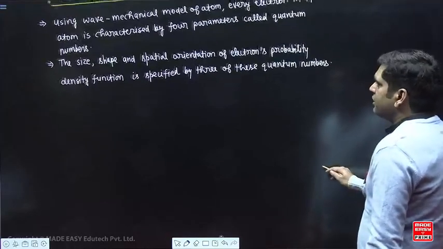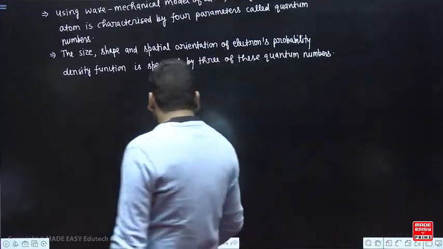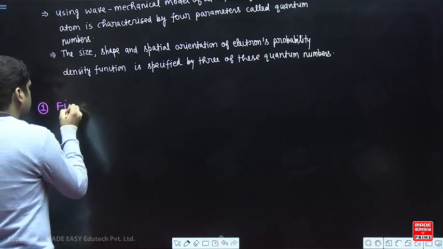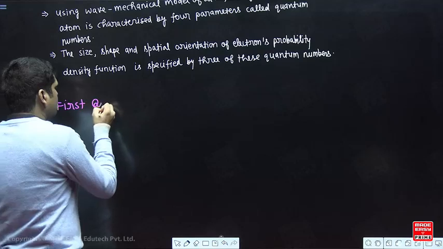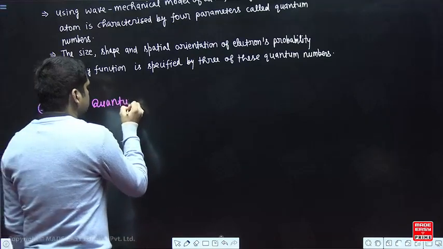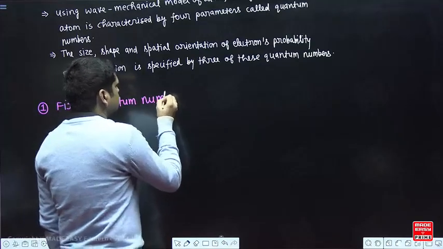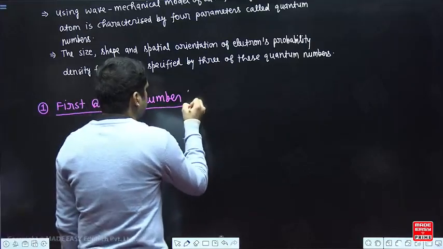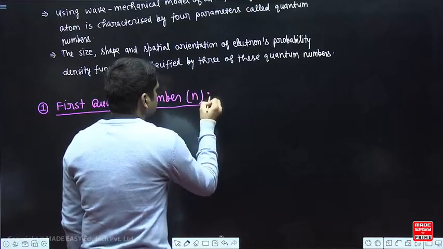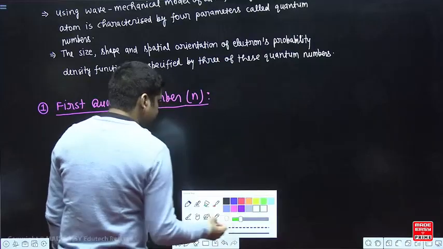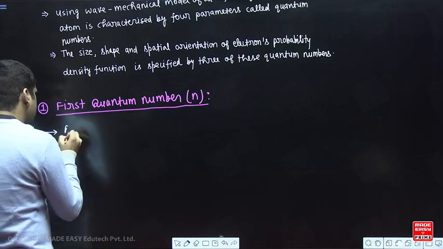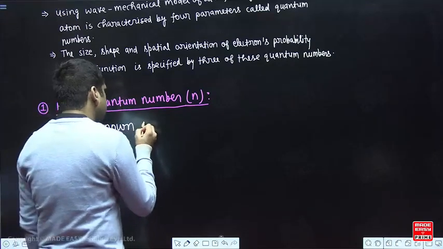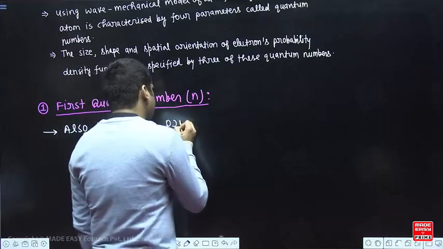Let us go for the first quantum number. It is represented by n, also known as the principal quantum number.